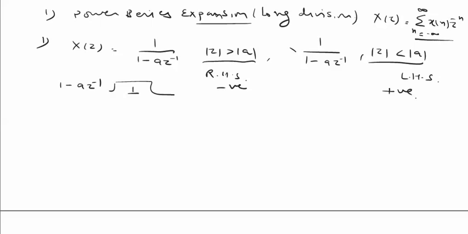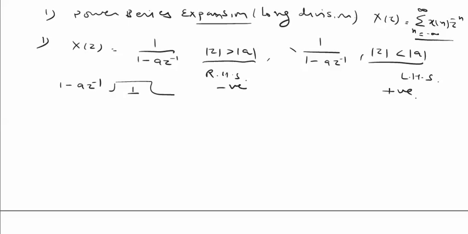To develop negative power of z, we use this division. We want a result in negative power of z. In this question, we know the result. Which procedure? We don't know the procedure. The result is known to us in advance.